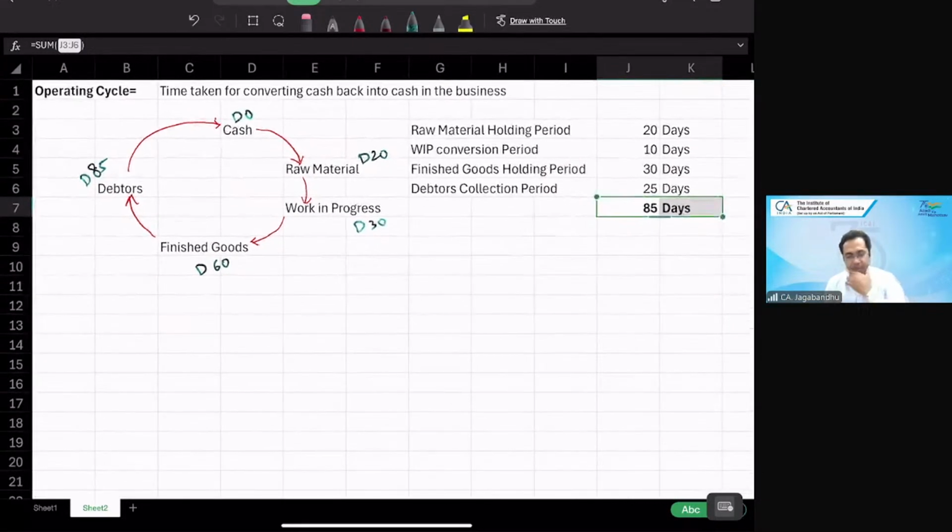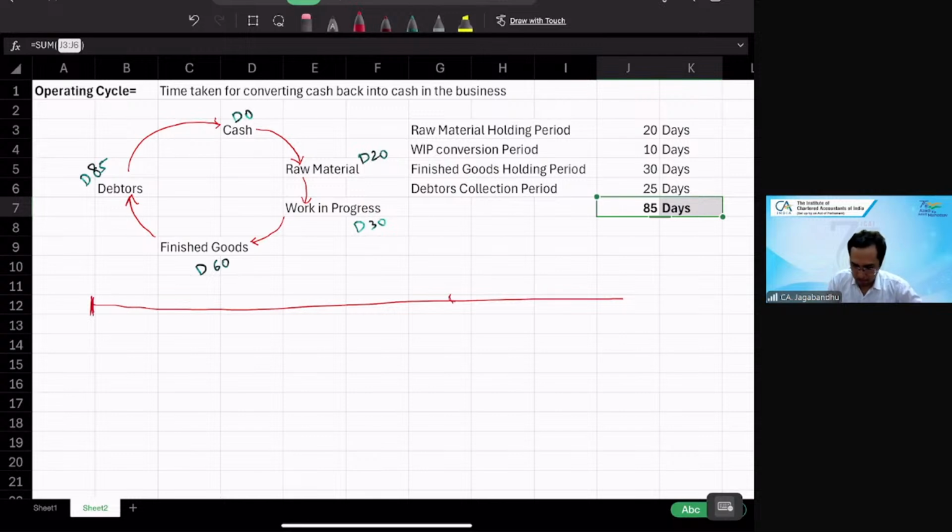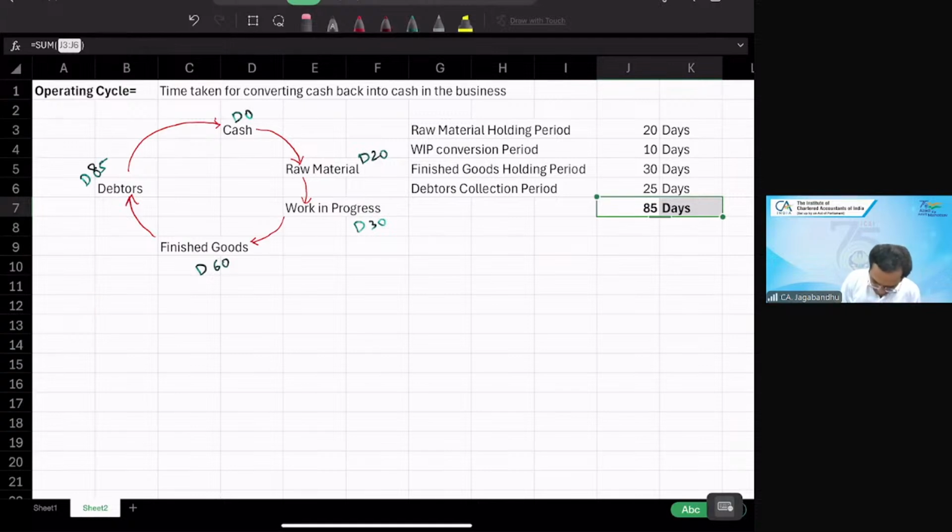Now the point is, we can also understand it in this pattern. So this is day 0 where you have cash.